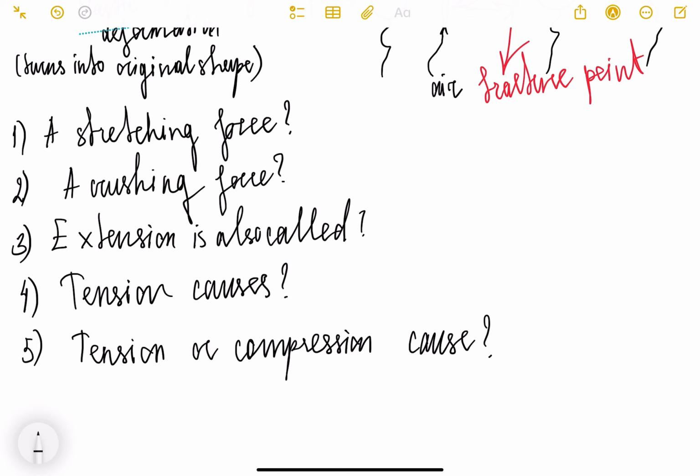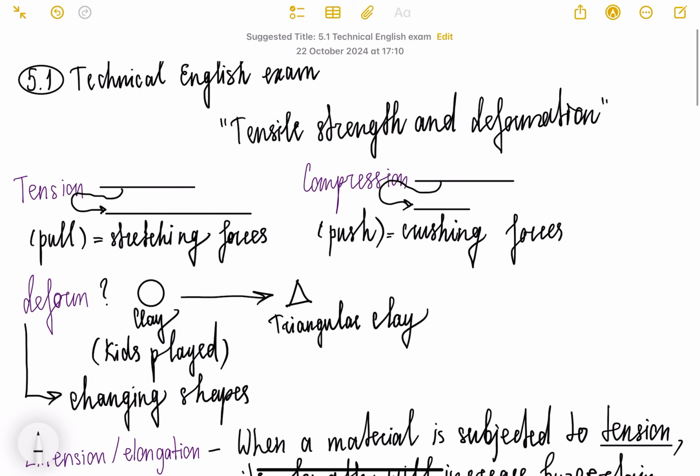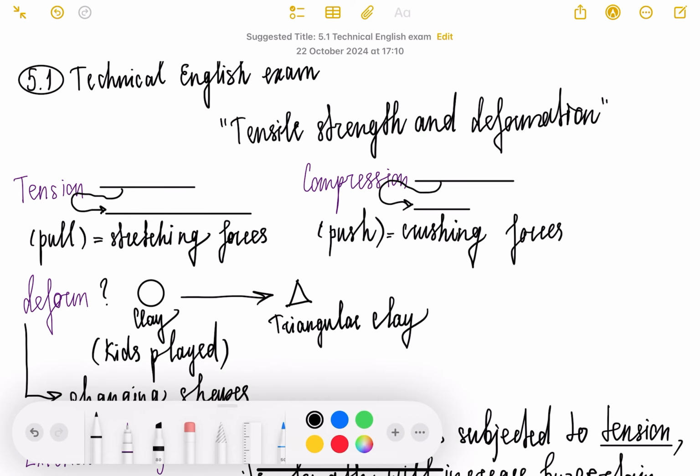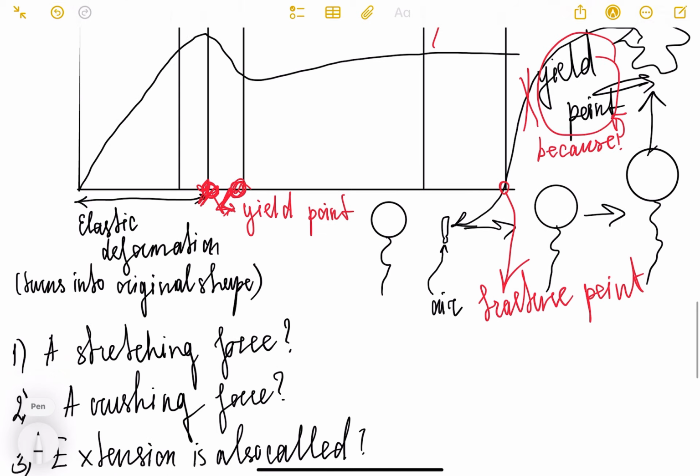When I was learning for the first time, I could not understand what it was asking. It was asking about tensile strength or tension. Then it was tension, because it is saying stretching forces, and this is tension.